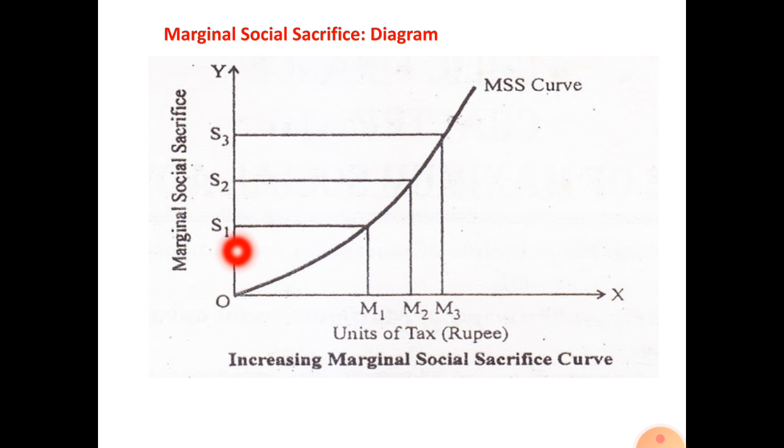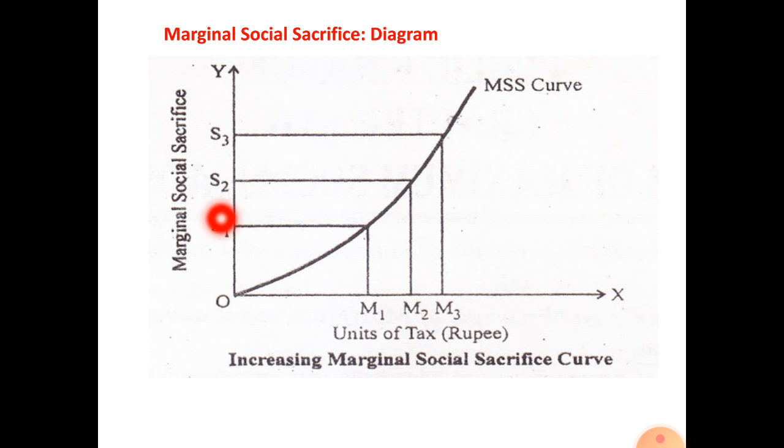It means the amount they pay to the government in the form of taxes also increases. Whenever the tax rates increase, the extra amount paid to the government also increases.